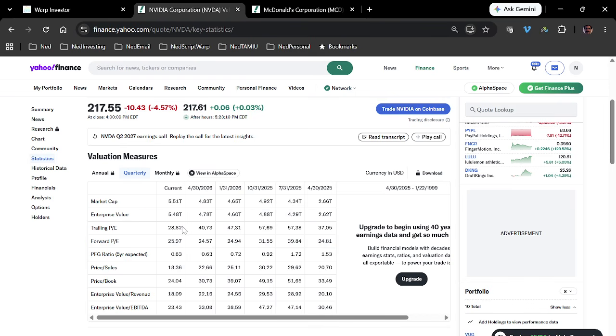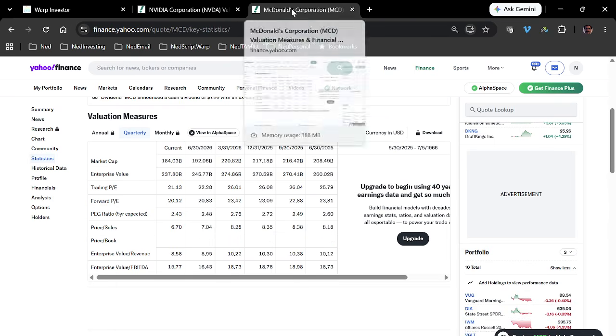So this estimate for the next year does not suggest a growth rate of 50%, because these two numbers are relatively close to one another. You would expect this number to be significantly lower for you to have a 50% growth. So this shorter term estimate is not consistent with the PEG ratio. But based on the PEG ratio and the trailing PE, the stock is properly valued today.